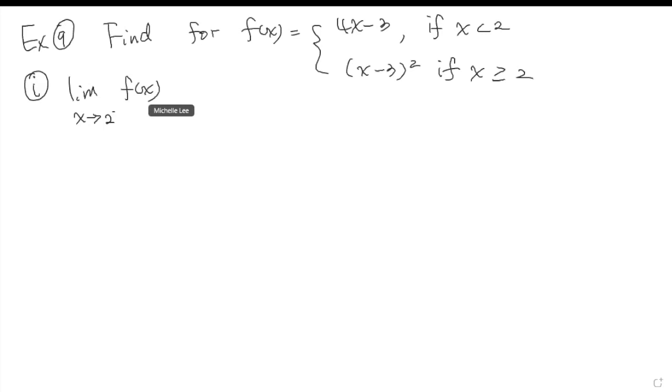So this one, let me show you. The top one is a straight line. This is a 5.